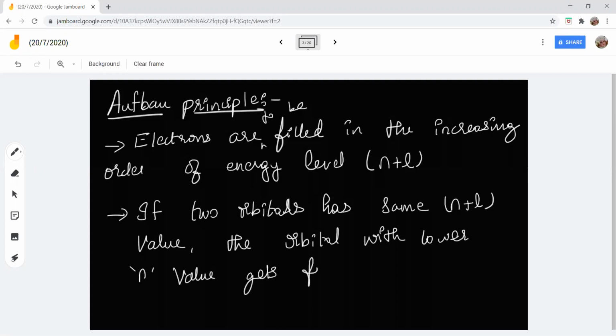This is the first rule. Hope you all have copied down this.